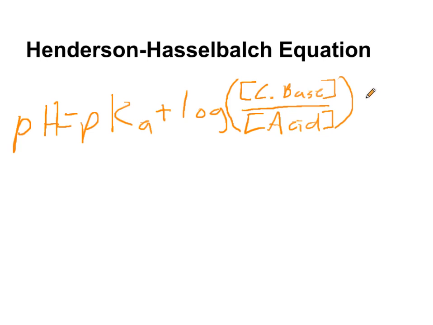Another way you'll see that written is A minus for a generic conjugate base and HA for a generic weak acid. That's how it's written for an acid and a conjugate base.